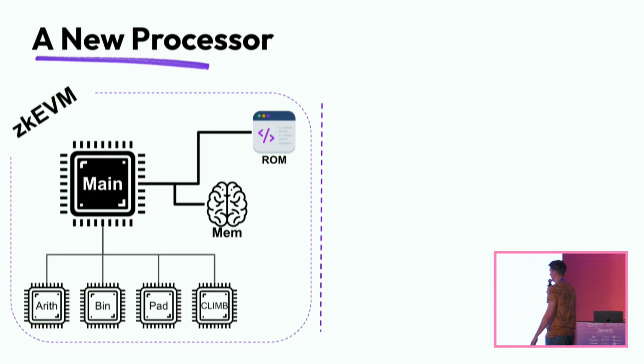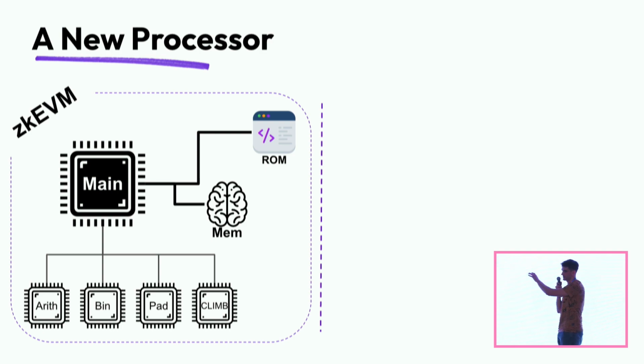Okay, and in order to prove all this stuff, our solution was to create a processor that is able to interpret all the state changes that are done due to the transactions inside the patch. So basically we have like a gigabrain, which is what we call our JKVM processor.